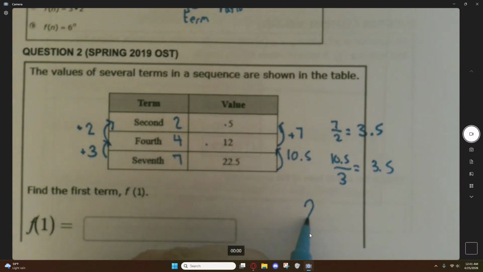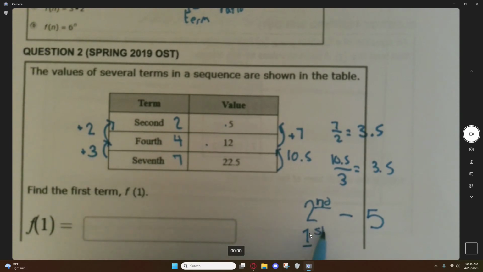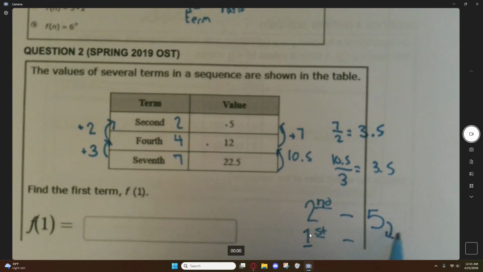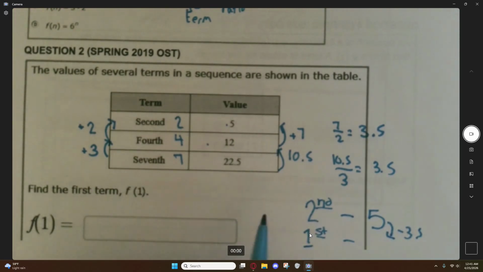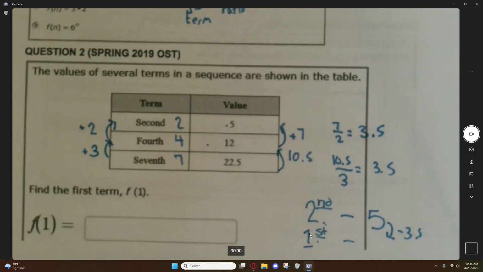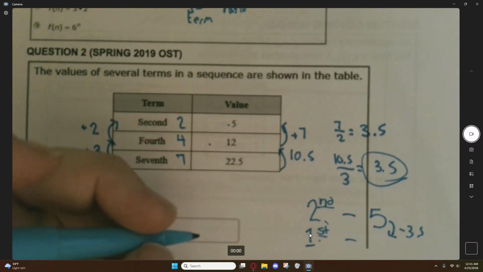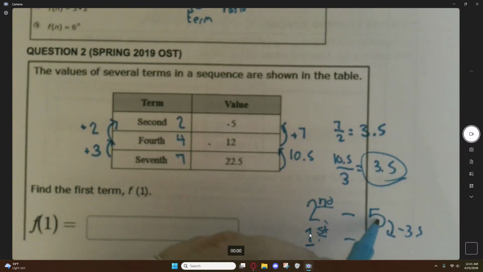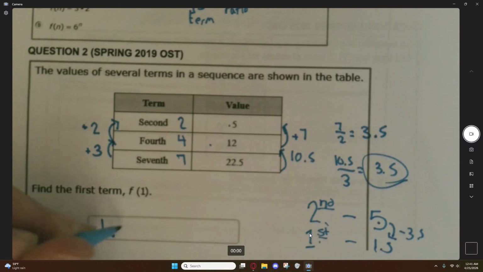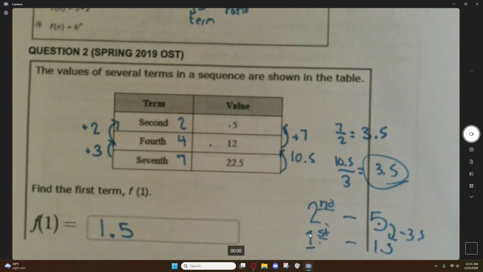So if the second term is 5, then the first term would be 5 minus 3.5, because you're going down one spot in the sequence, so you go down by the common difference once. What is 5 minus 3.5? 1.5. That would be your answer.